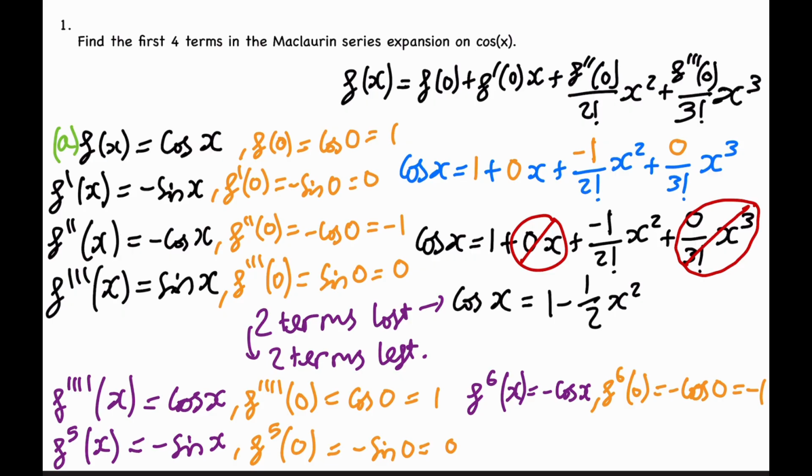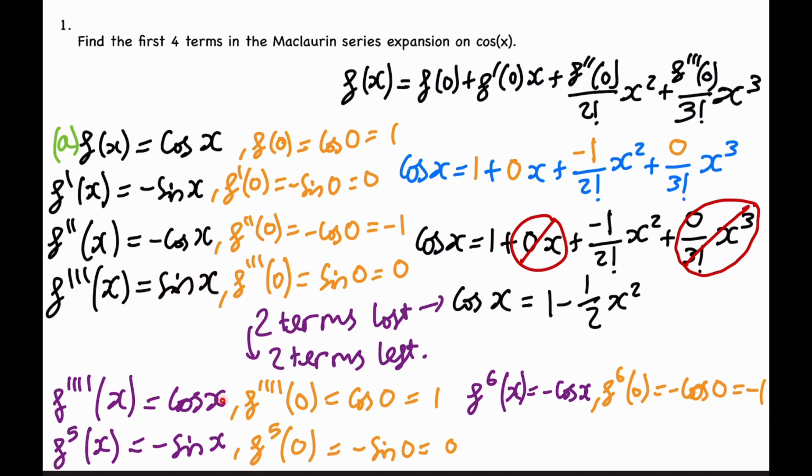However, because we've lost 2 of the terms, and the question still asks for 4 terms, we've only got 2 terms, so we need to find 2 more terms. So here we'll just carry on differentiating. We'll go to the 4th differentiation, which is differentiation of sine.